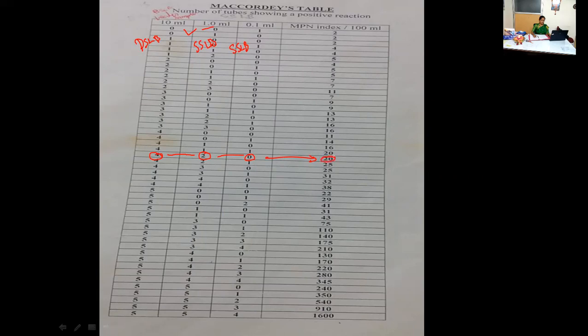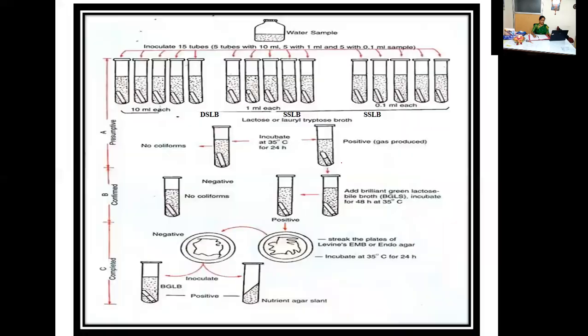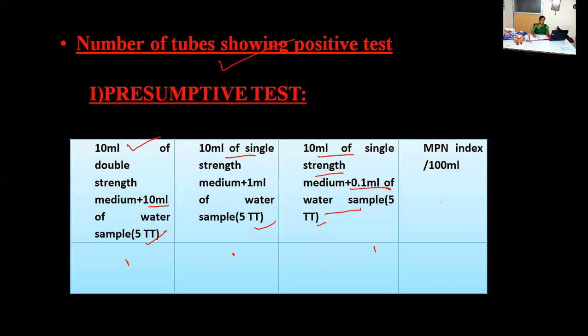So this 20, you must write it over there. So 20 is the MPN, where in the 10 ml double strength we got 4, in this case 2, and in this case 0. So here we got 20 MPN index per 100 ml.